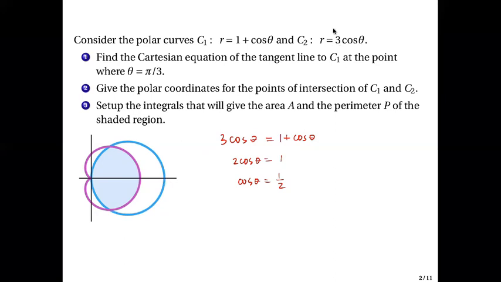When theta equals pi over 2, cosine pi over 2 is 0, so it's this point here. And when theta equals pi, so this angle towards the left, cosine pi is -1, so r equals -3.